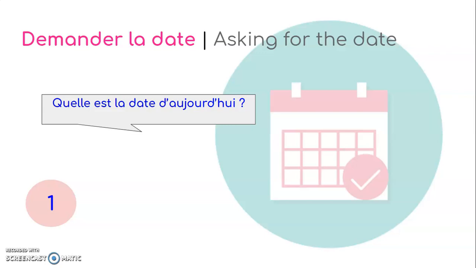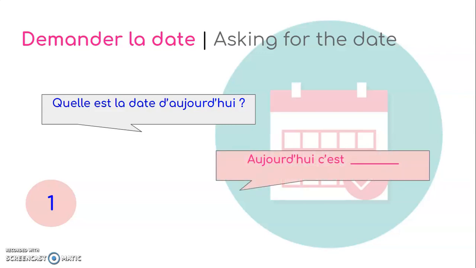But if we were to translate it properly, we could say simply, what's today's date? Okay? Quelle est la date d'aujourd'hui? How do you respond to that question? Let's see. You would respond simply by saying, aujourd'hui, c'est, and then you give the date.